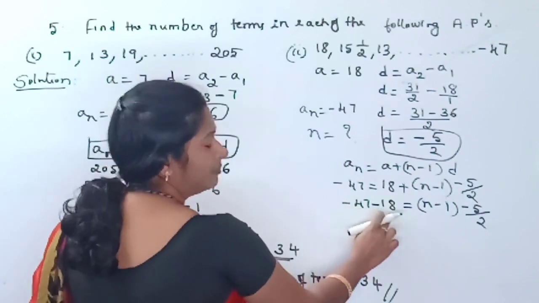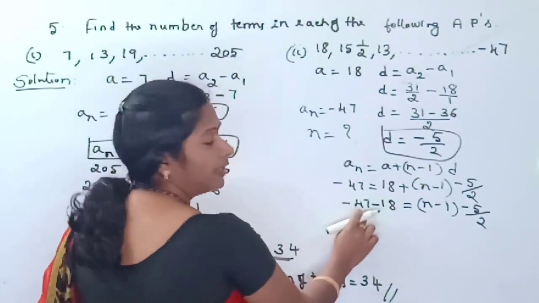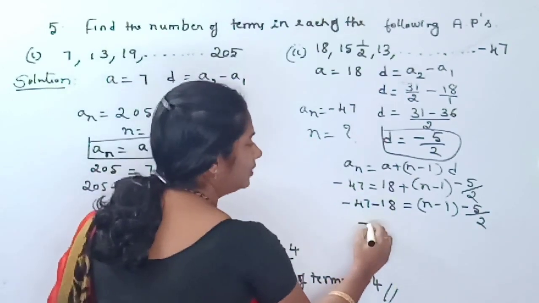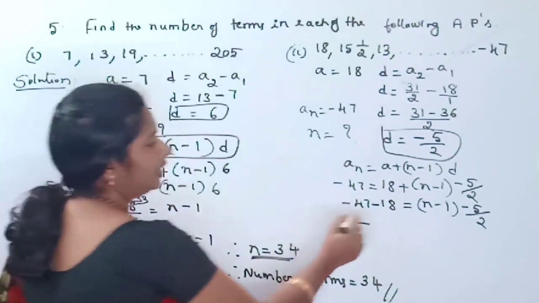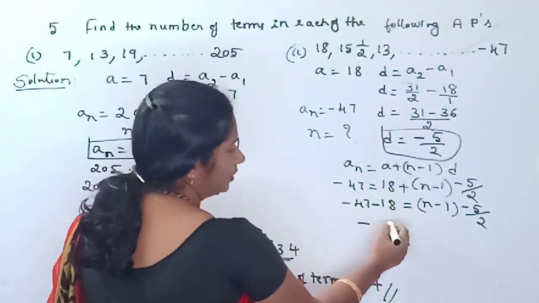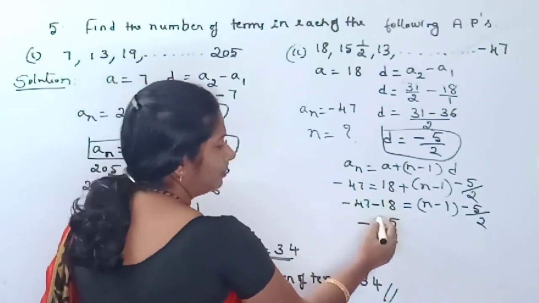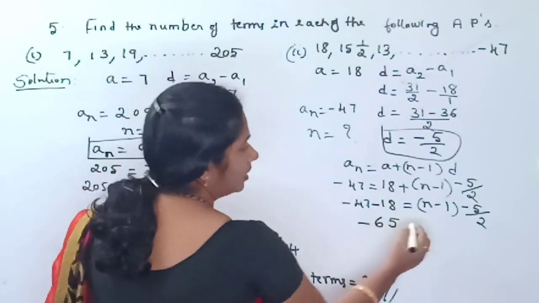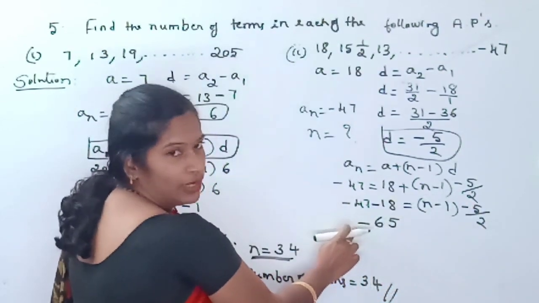Minus 47 minus 18. So how much will you get, children? Put the negative sign and add 47 plus 18. 7 plus 8 is 15, 4 plus 1 is 5, 5 plus 1 is 6. Here minus 5 by 2, I'll transpose to the left hand side.